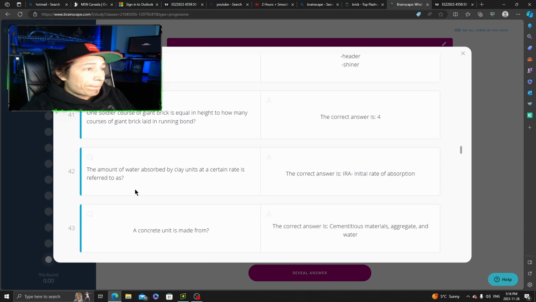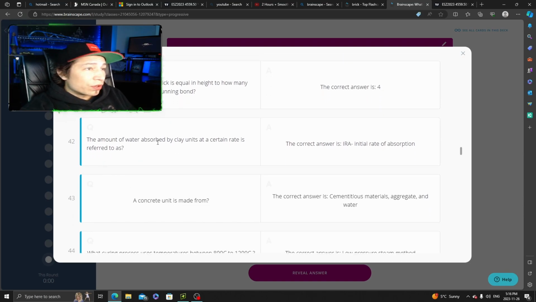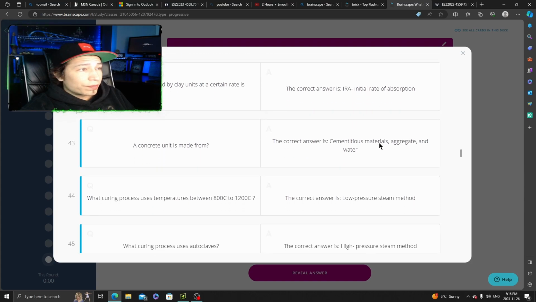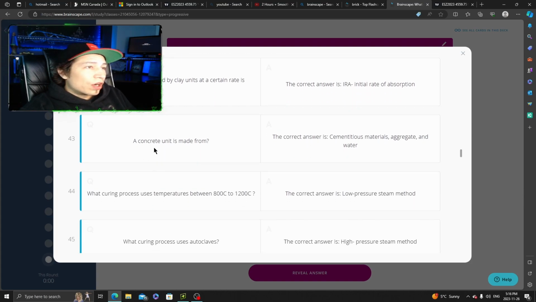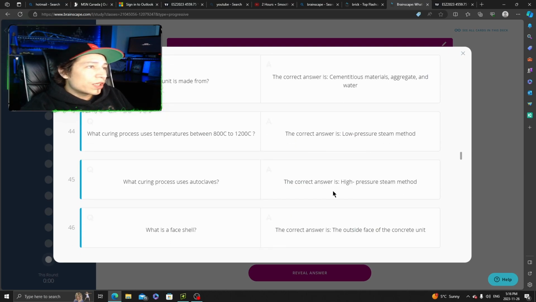The amount of water absorbed by clay units at a certain rate is referred to as IRA, initial rate of absorption. A concrete unit is made from cementitious materials, aggregate, and water. What curing process uses temperatures between 800 degrees Celsius and 1200 degrees Celsius?